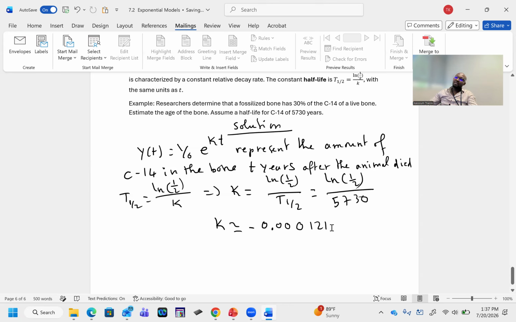Right? So now we can write our function.